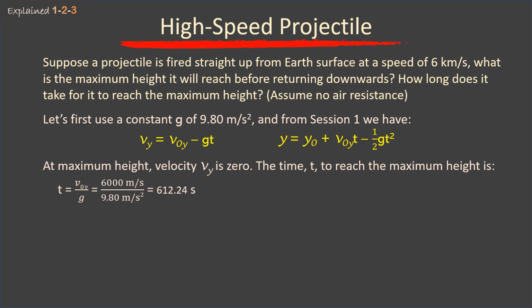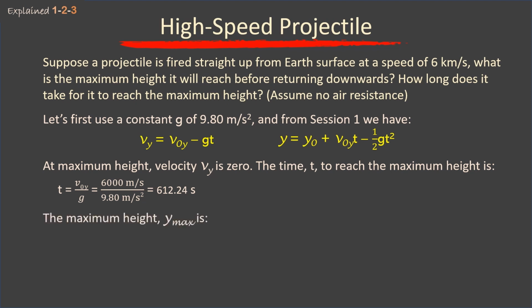So, to find the time to reach the maximum height, we simply set velocity, v sub y, to 0, which is the case at the maximum height. The time, t, to reach the maximum height becomes the initial velocity divided by g. Plug in the numbers, and we have 612.24 seconds.